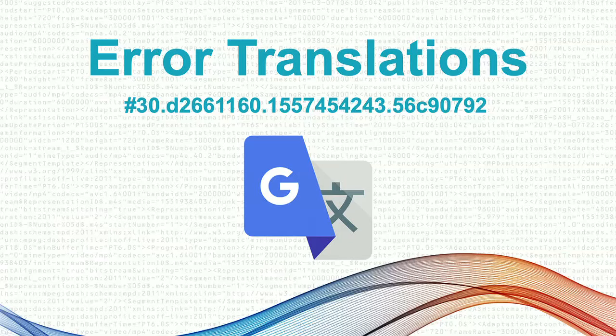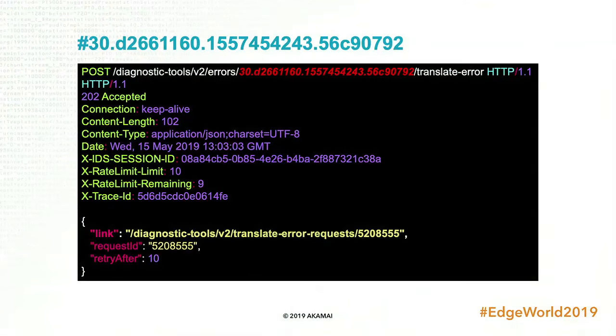And then error translation will allow you to get logs. So based on this string, the API identifies the edge server IP, request time, and unique request ID. Then we collect logs from the edge server and show them on the screen. We can also use any command line to see what actually happened.